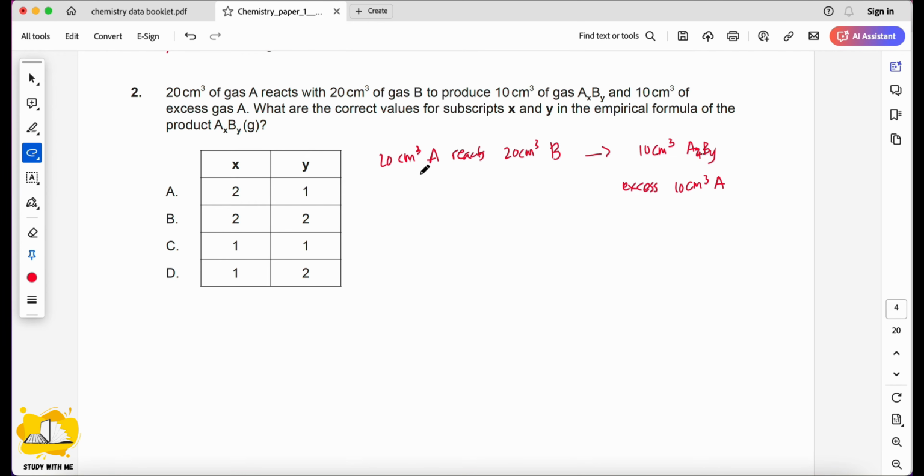So every 20 centimeter cube of gas B produced 10 centimeter cube of gas AxBy.